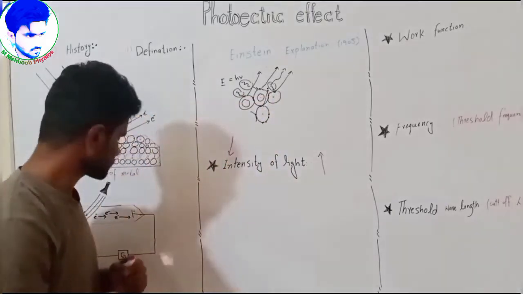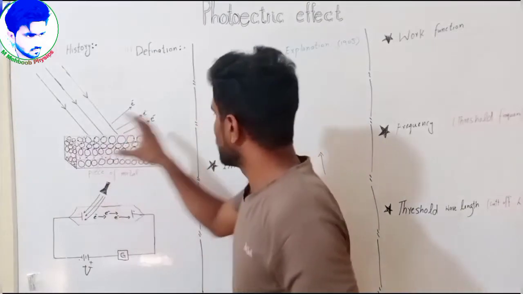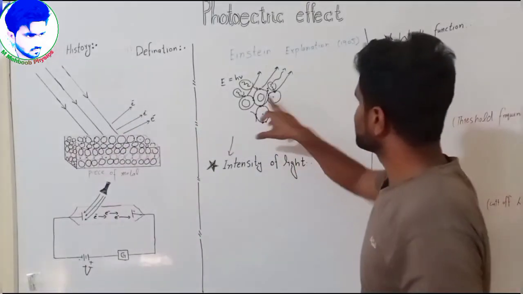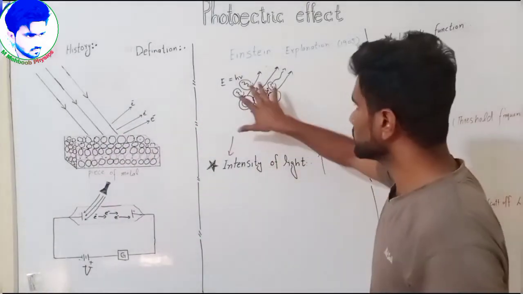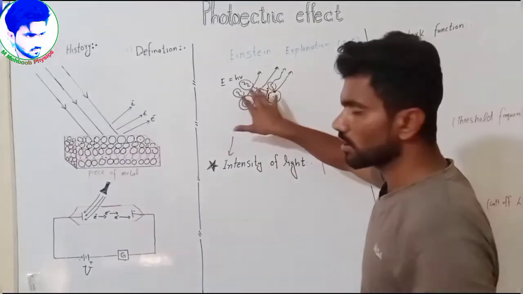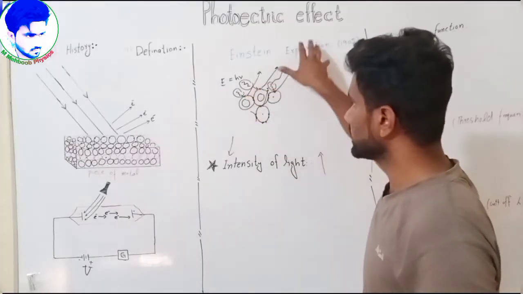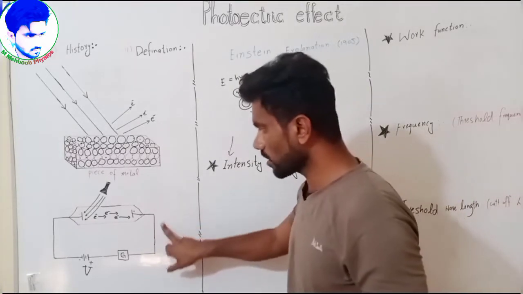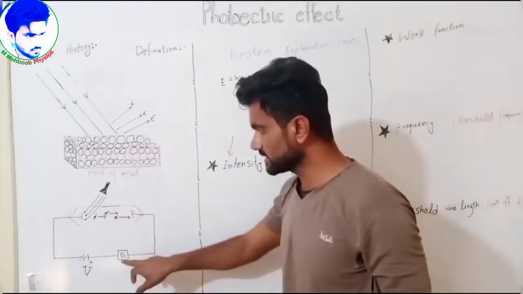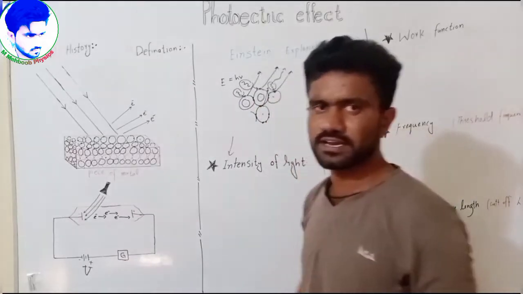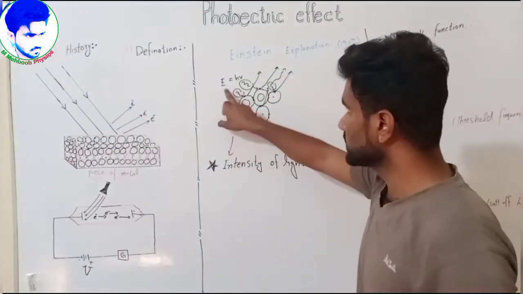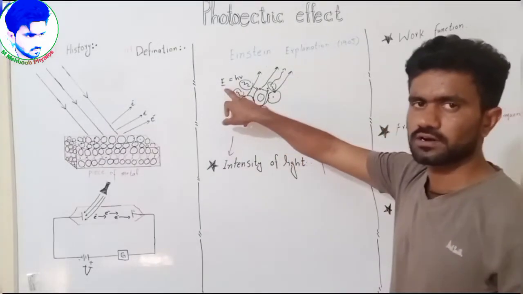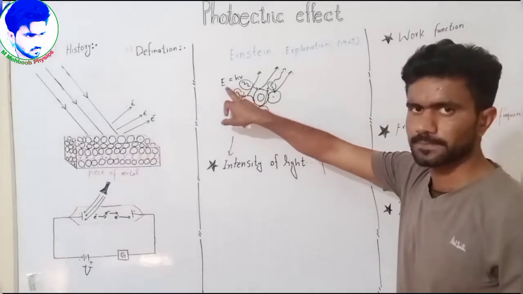And one thing, when we increase the intensity of the light, the number of ejected electrons increases and the number of photons increases. When the number of electrons increases, the value of the current increases. But the energy of the photon will remain the same.